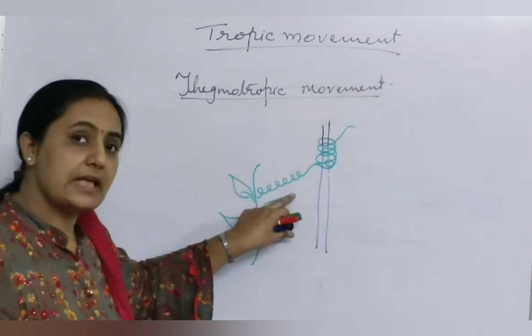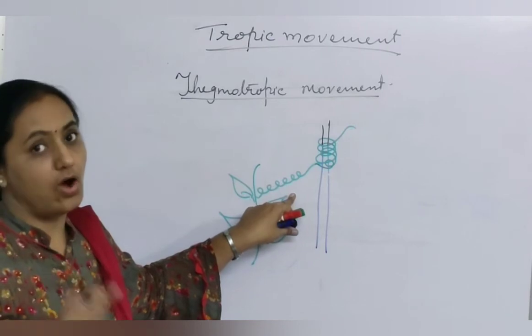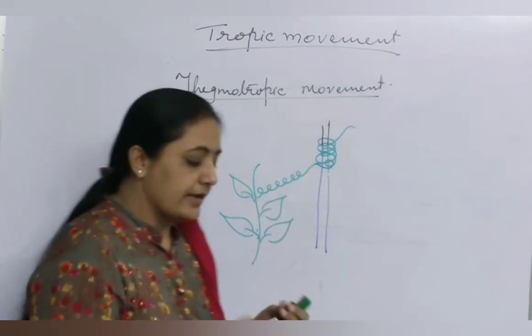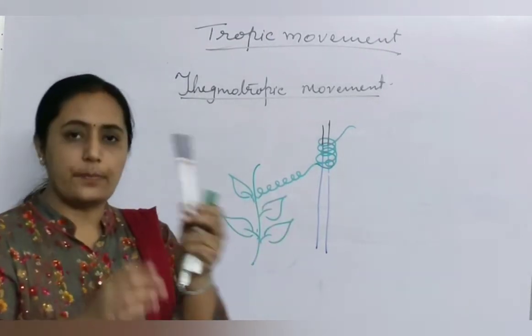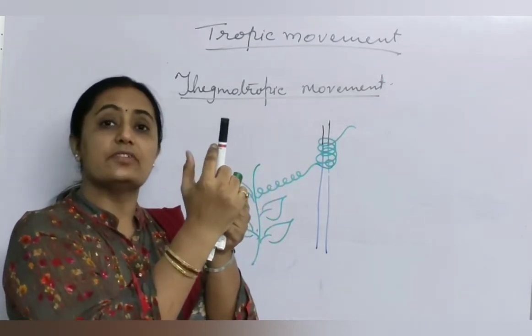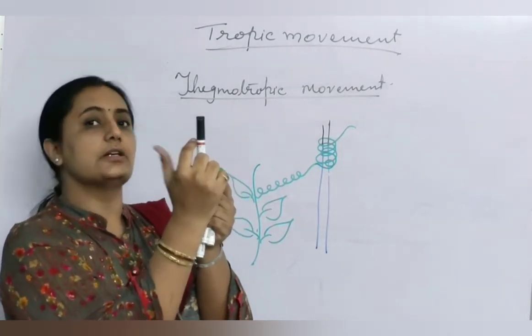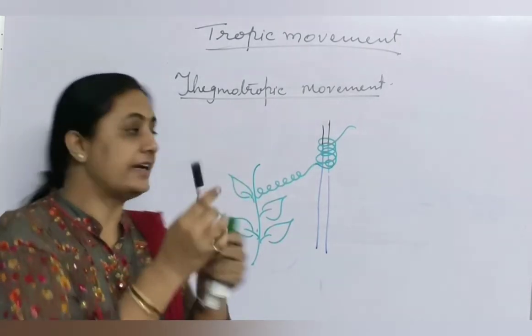How is this movement carried out? This movement is also carried out because of accumulation of auxins. Suppose this is the support, and if a twig comes in contact with this support, the auxin present in the region that comes in contact shifts to the opposite side.